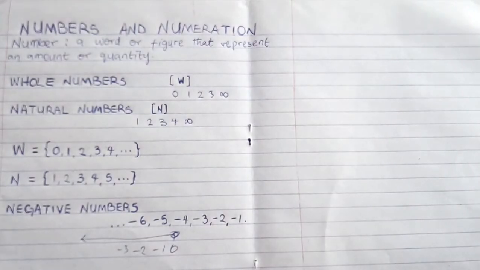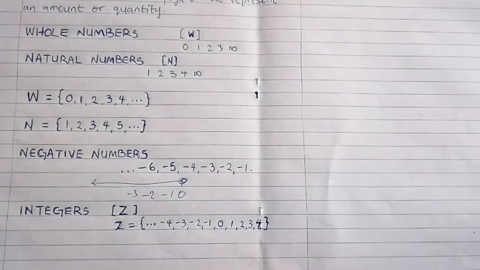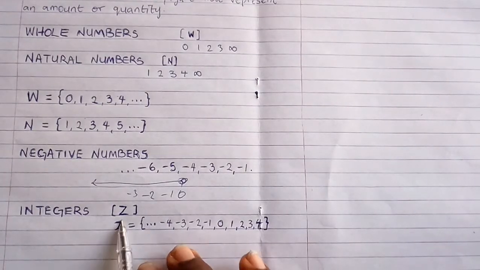Let's use the table now. We have -6, -5, -4, -3, -2, -1, 0, 1, 2, 3, 4, 5, 6. All these are integers because they do not involve fractions. Another thing you have to notice is that the set of integers is represented with the letter Z.